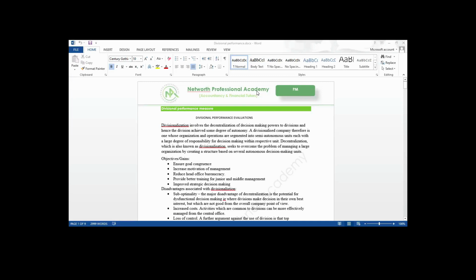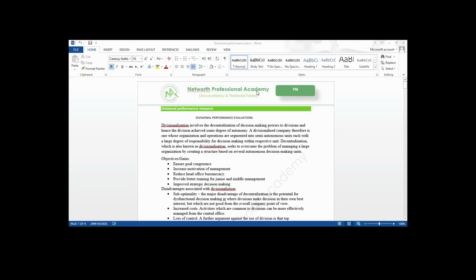One is to ensure goal congruence. When we say goal congruence, you want to ensure that the objective of each division is in line with the objective of the group.